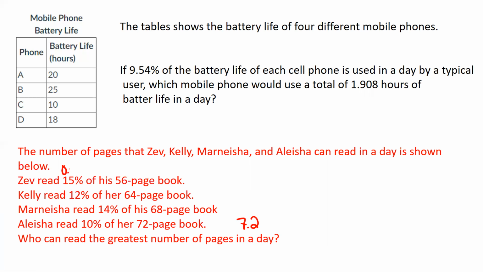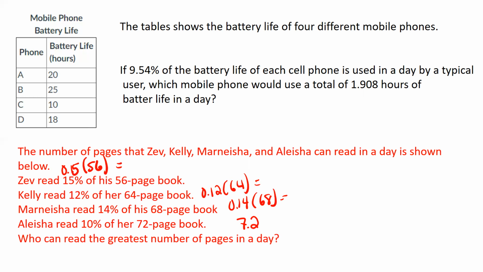Now Zev, Kelly and Marnisha, we're going to turn all of these percents into decimals. So 15% is the same as 0.15. 12% is the same as 0.12. Marnisha read 0.14. And then we're going to multiply how many total pages are in their books. We're finding 15% of 56, and we already know 10% of 72 is 7.2.